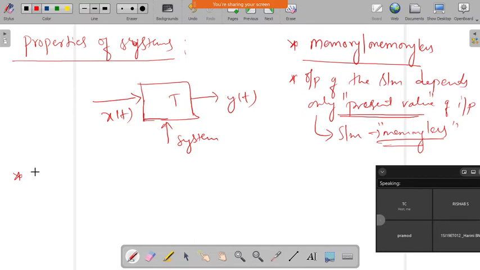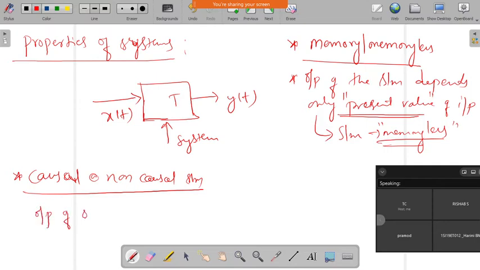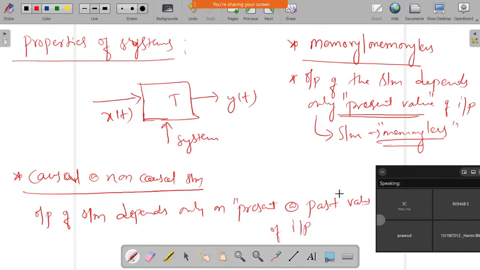Now the second property is causal or non-causal system. In this case, if the output of the system depends only on present or past values of the input, then the system is said to be a causal system.